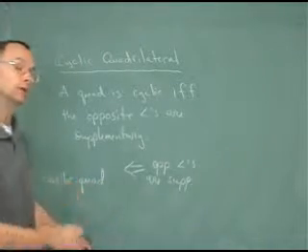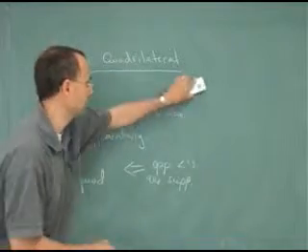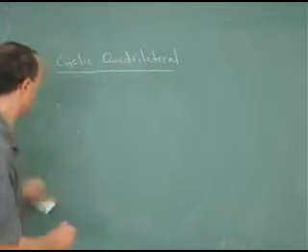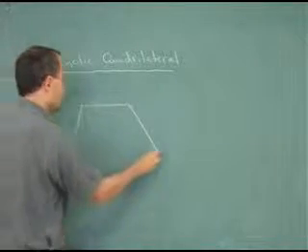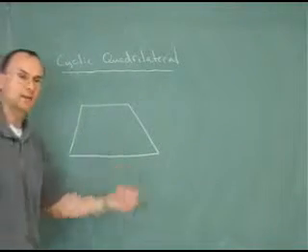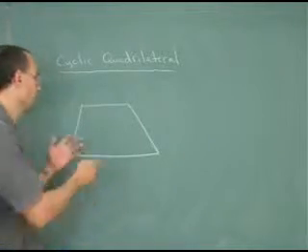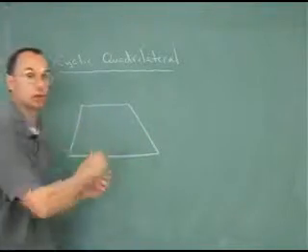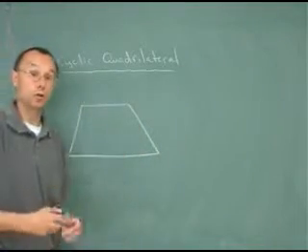So let me just show you an example of that, because that one probably seems a little bit strange right now. If I presented you with a four-sided figure and said, is that a cyclic quadrilateral? You might say, well, I don't know. Maybe if we could draw a circle that goes through each of these 4 points. How do you know if you can?